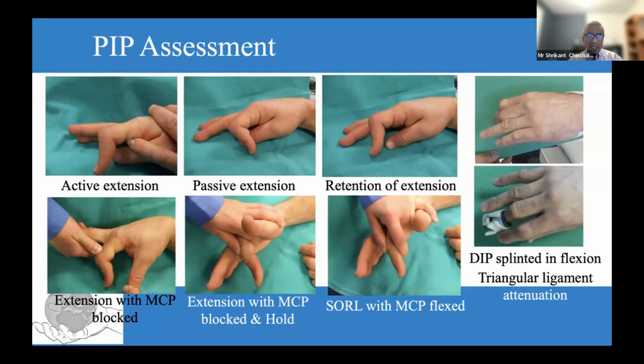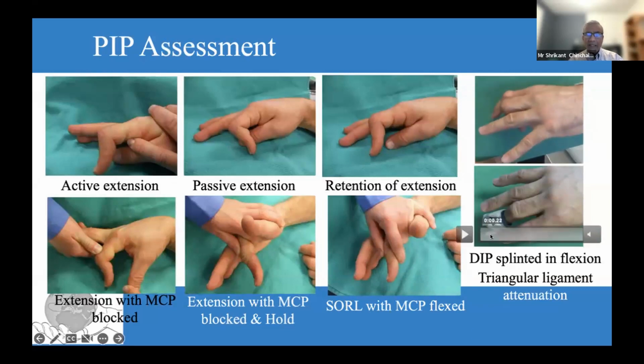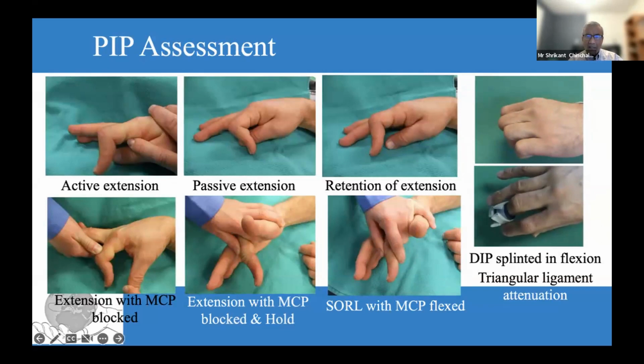And of course, the last phase will be to assess the spiral oblique retinacular ligament by keeping the MCP joint flexed. Now, many times patients will have difficulty extending the finger, as you see in this particular individual. You can see that the patient is trying very hard to extend the PIP joint, but is unable to extend it at all. In such situations, I'll fabricate a small splint for testing, and then, placing the DIP joint in slight flexion, I noticed that the patient has some ability to extend the PIP.